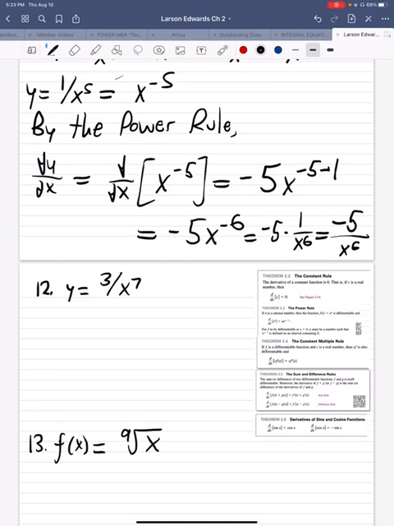So here, all you have to do is multiply the coefficient by that negative power. Watch. This term is equal to 3 times x to the negative 7.